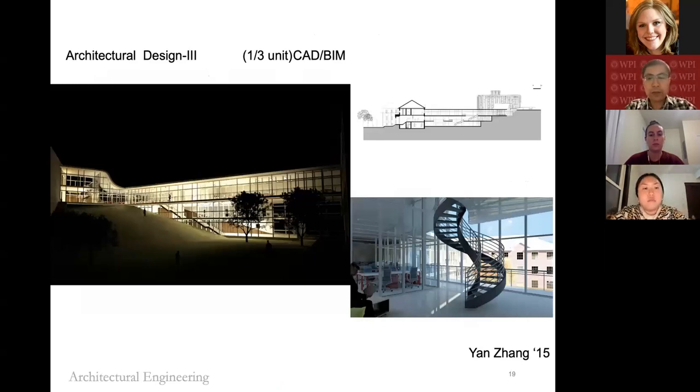This is one thesis or MQP project of previous students. In this project, a transition section is designed to connect 2 buildings on campus.